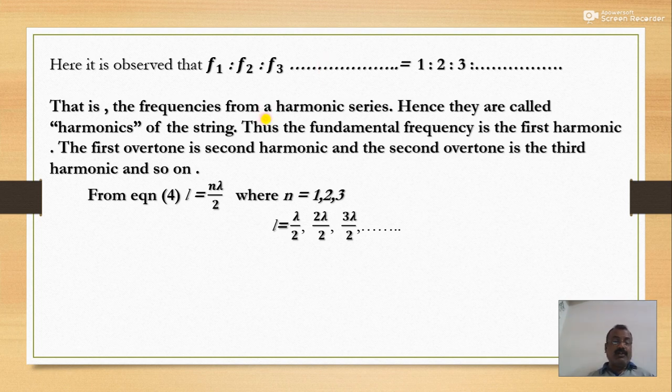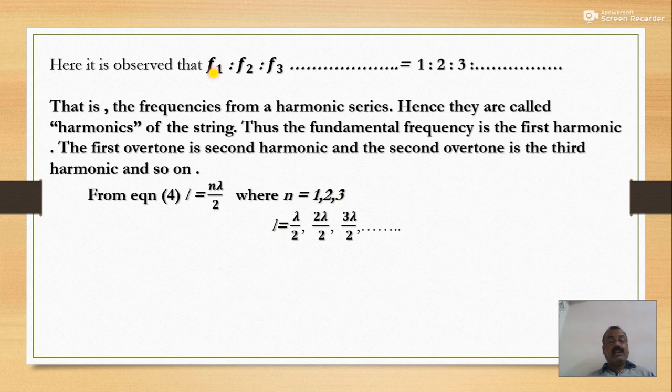If I substitute and simplify for L, n = n lambda/2L, where n = 1, 2, 3, 4, etc. L is equal to lambda by 2. If L = lambda/2, we get f1, the fundamental frequency, otherwise the first harmonic.